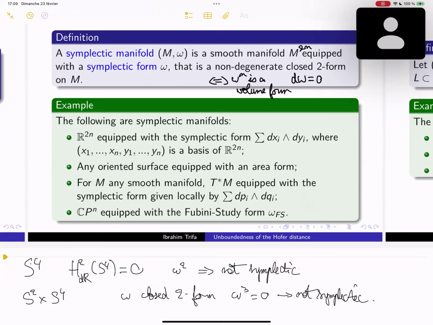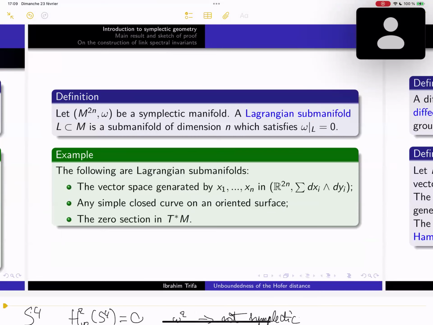Now that we know what a symplectic manifold is, I will define an important class of submanifolds called Lagrangian submanifolds. We say that a submanifold L is Lagrangian if it is of dimension half the dimension of M, so here dimension n, and if the restriction of the symplectic form to L vanishes.